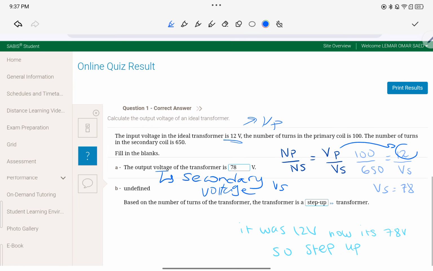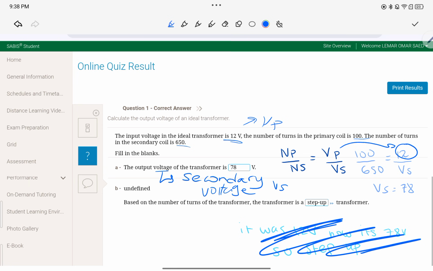It's right here. The primary is 100 and the secondary is 650, which means 100 over 650 equals 12 over Vs.